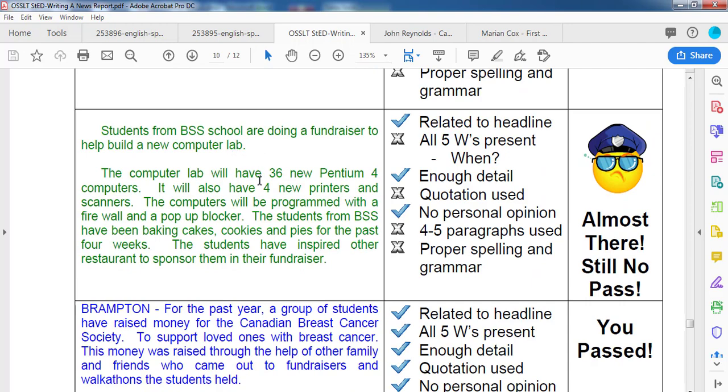Another student, B, will give you a piece of writing, okay? He will give you a headline, then he will give you a comprehensive lead paragraph, but he will not continue, okay? It's 2 or 3 paragraphs, no more than this. So yes, you have a related headline and you have enough details.